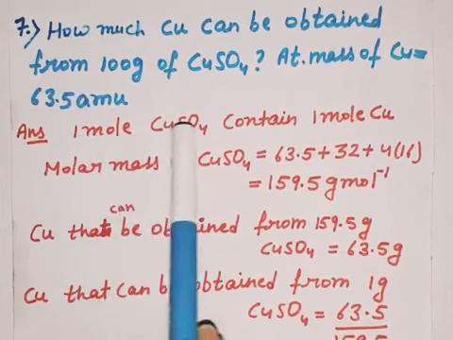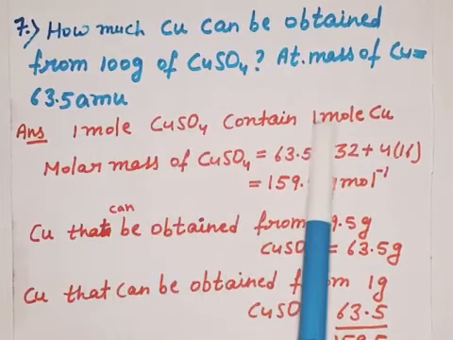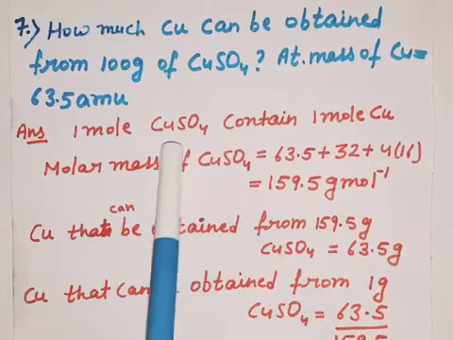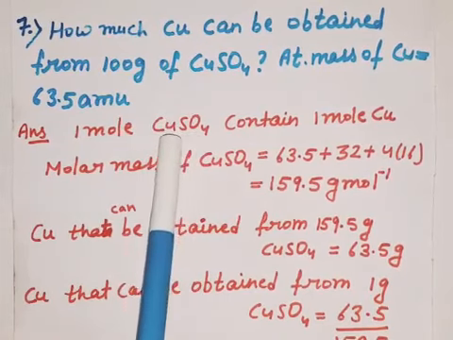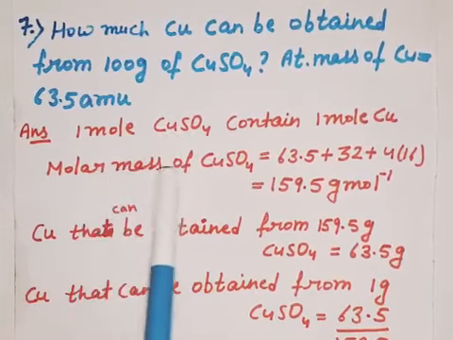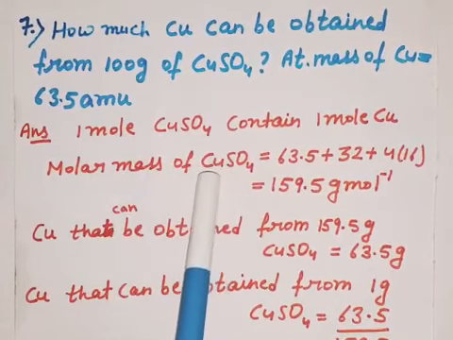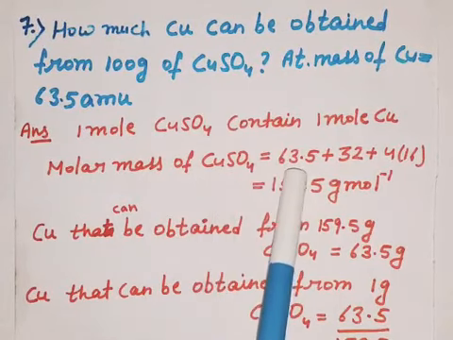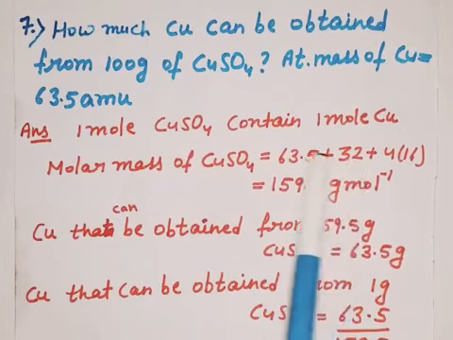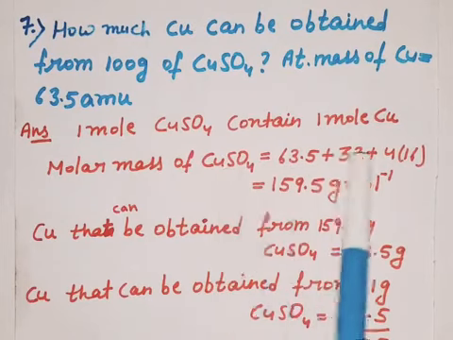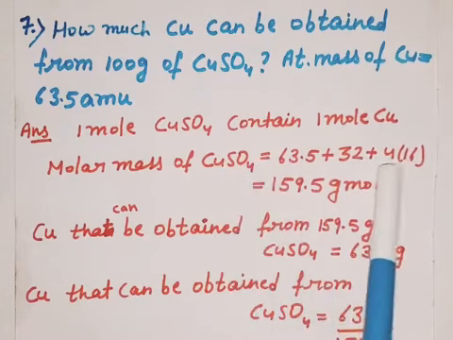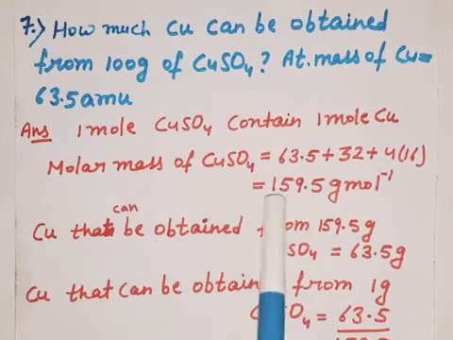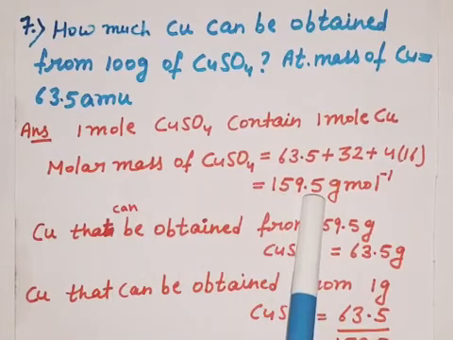So 1 mole of copper sulfate contains 1 mole of copper. Look here, 1 mole of copper sulfate contains 1 mole of copper. So we will find the molar mass of copper sulfate. Atomic mass of copper is 63.5, plus atomic mass of sulfur is 32, plus atomic mass of oxygen is 16, 4 atoms of oxygen, so 4 into 16.